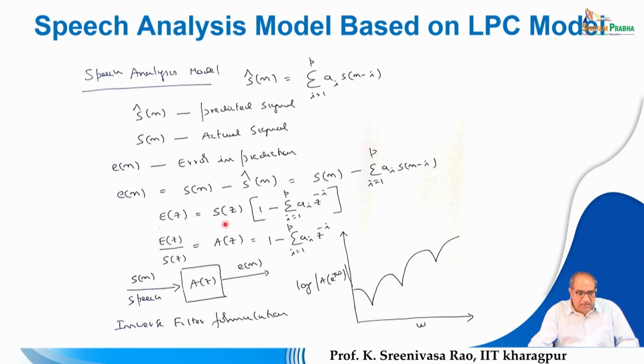In system form, E of Z is the output, the error signal, and S of Z is the input, and the system transfer function is A of Z, the reciprocal of the synthesis model discussed above.